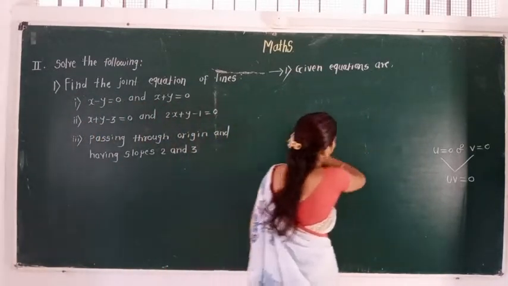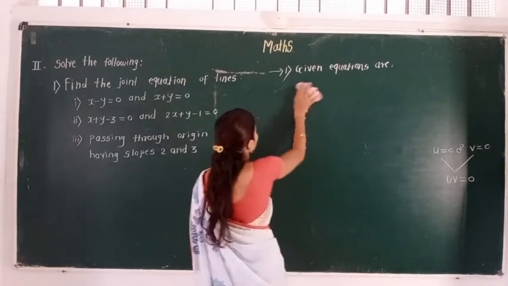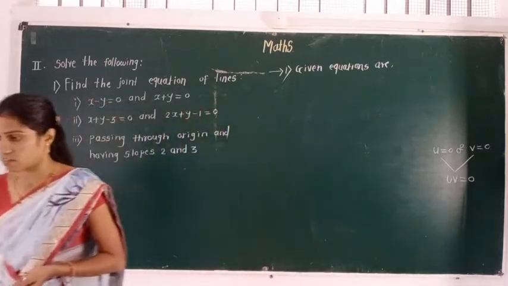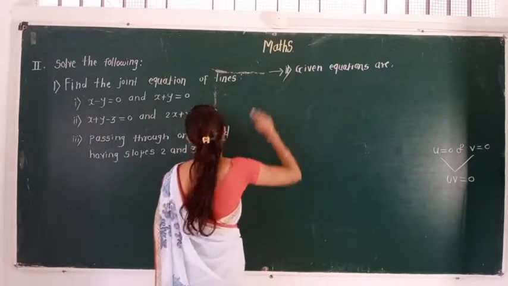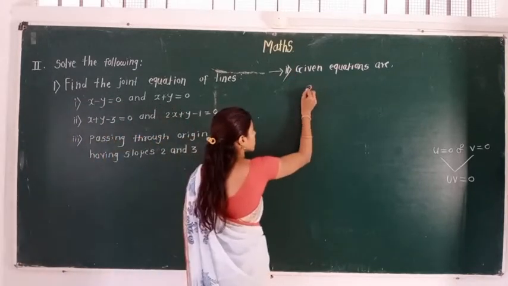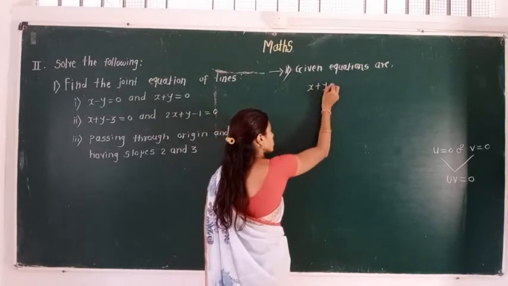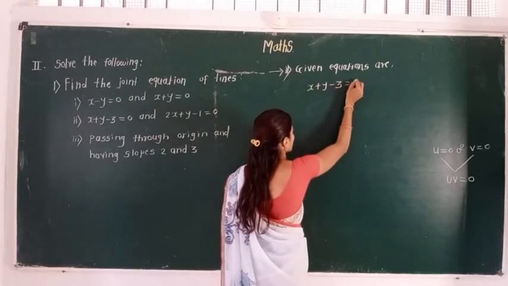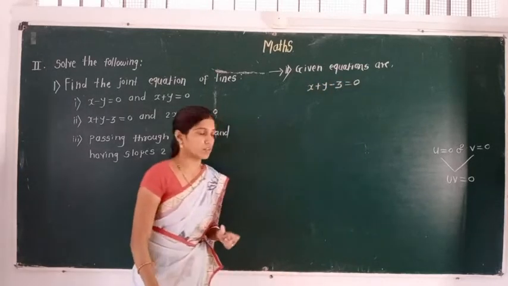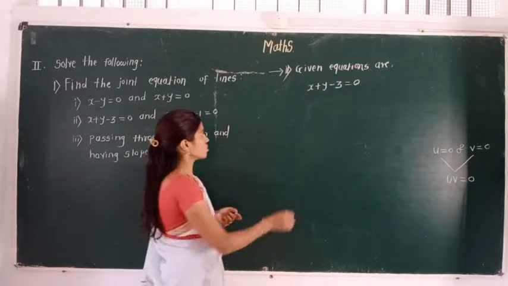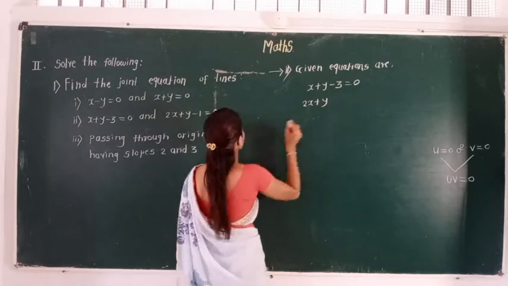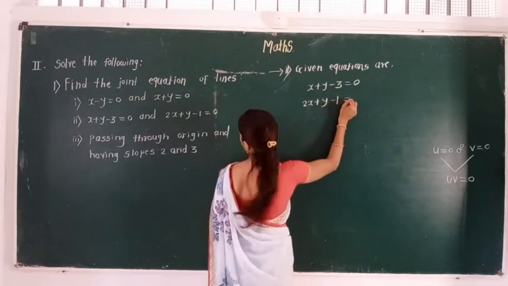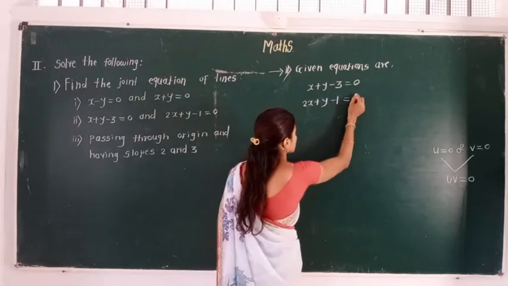Okay, now the given equations are: in the second question, x plus y minus 3 is equal to 0 is the first equation, and the second equation is 2x plus y minus 1 is equal to 0.